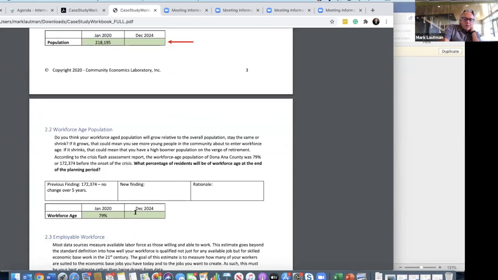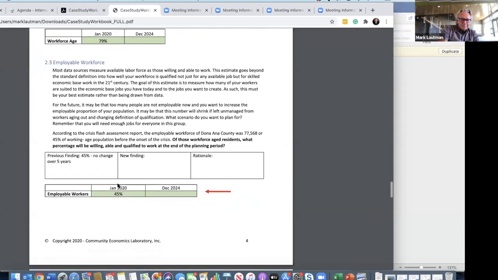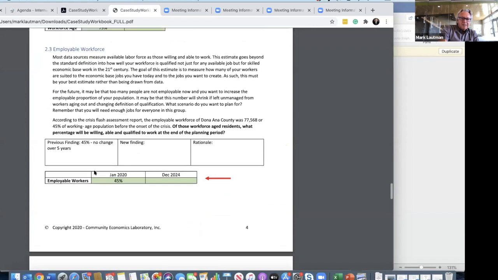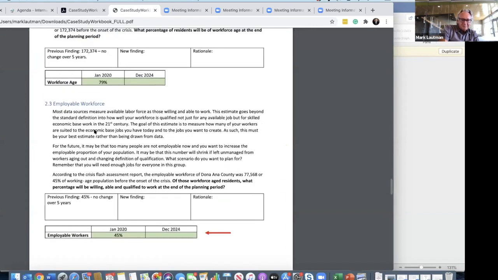You think the workforce age population proportion is going to change? Mark, can you describe the workforce age? Obviously people who are working, but is that 79% of the whole population? Is that what this is saying? That's what they're saying.